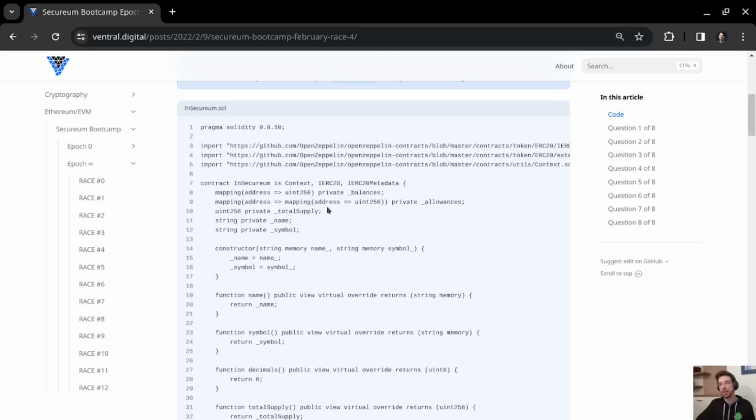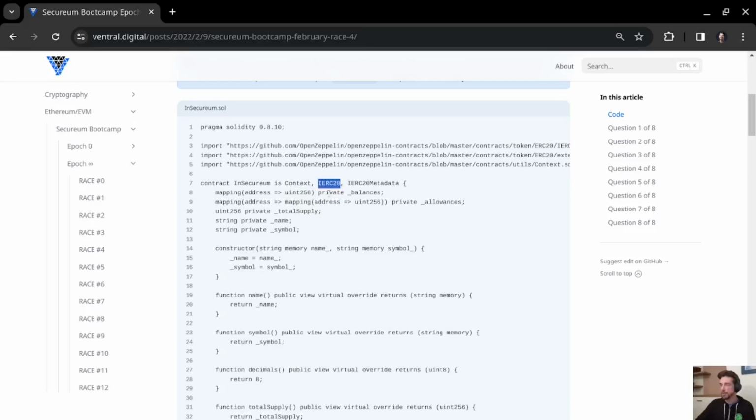Then we would have to use this context message sender because it would be different from the actual message sender, which would be the forwarder. Kind of complicated, not really important. Anyway, we don't use the message sender directly here. Instead, we use the message sender function from the Context library.